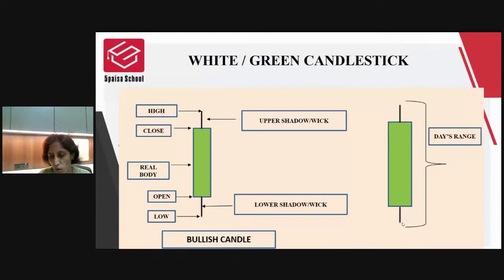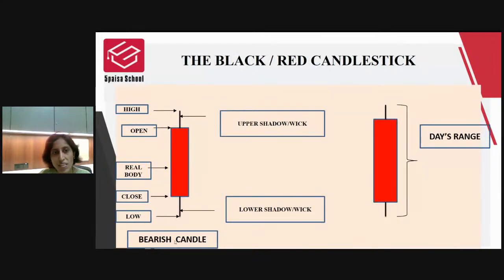And of course, the bearish candle is represented by either a black real body. So this is the real body. It can be represented by either a black real body or a red candlestick, that is a red real body. And what signifies a bearish sentiment? Of course, when the market is bearish, the closing prices will be lower than the opening prices.